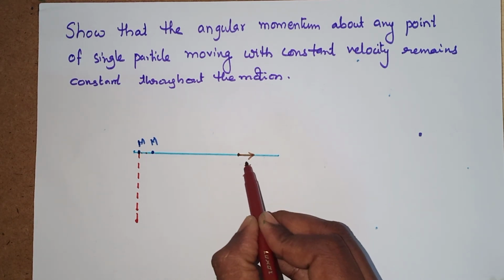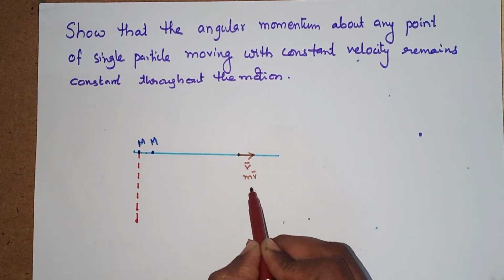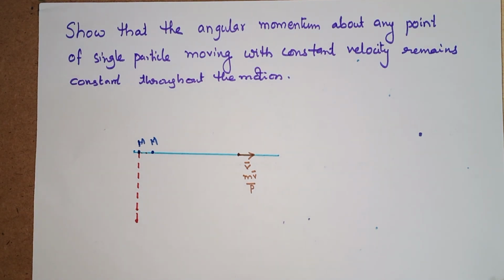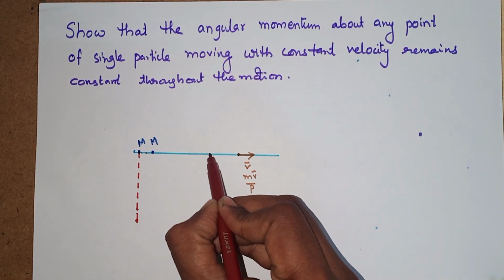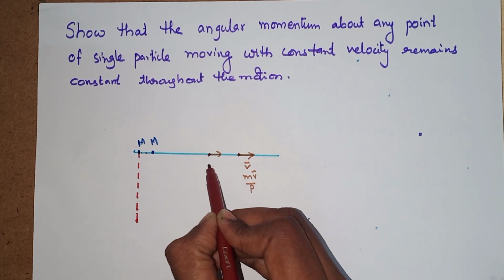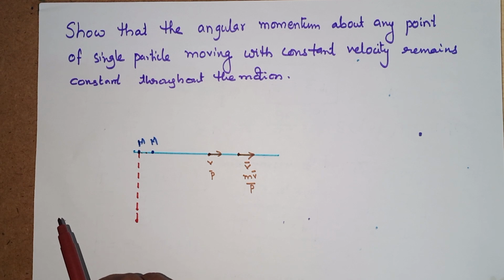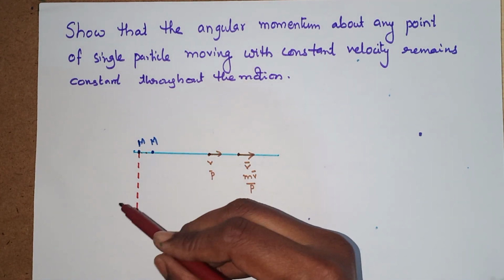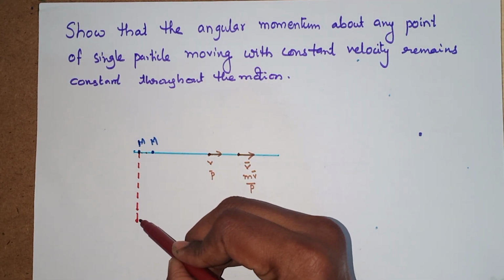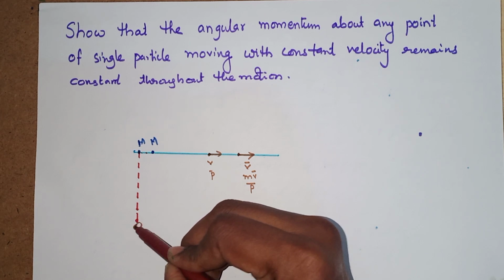Of course, when you choose v, this is mv. I will write it as momentum vector p. Now when you choose a point over here, same v, p vector. Now we will try to write the origin. This is the origin.